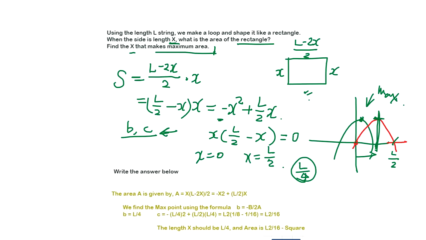L over 4, you put this L over 4: L squared over 16 plus L squared over 8... Okay, so it's going to be L squared over 16.